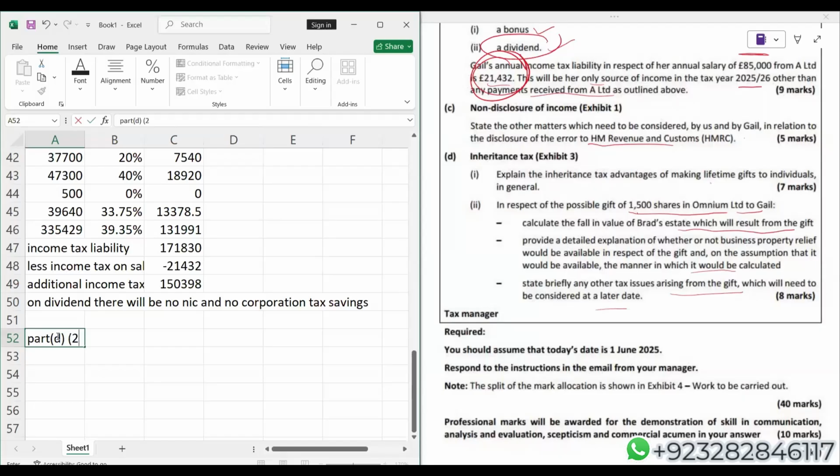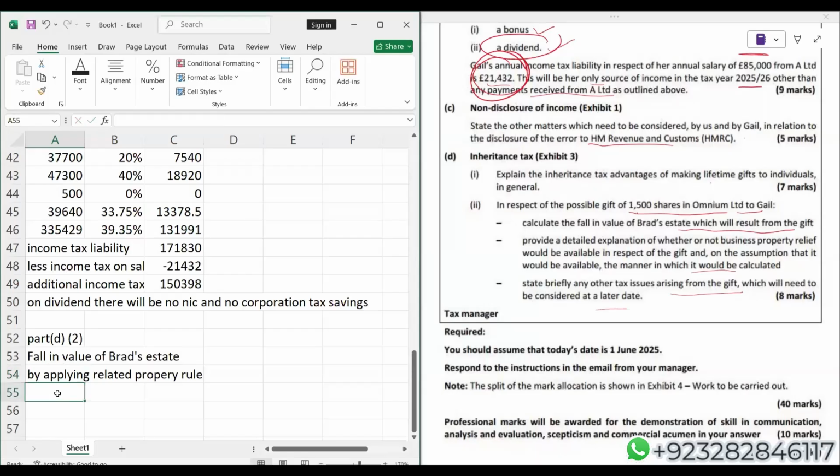Part D, point number 2: fall in value of Broad's estate by applying the related property rule.